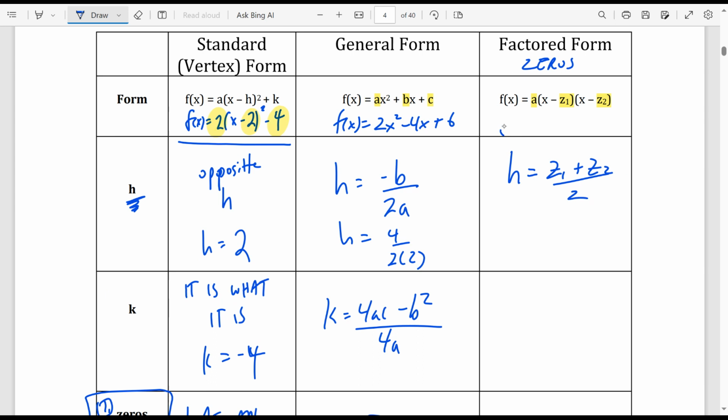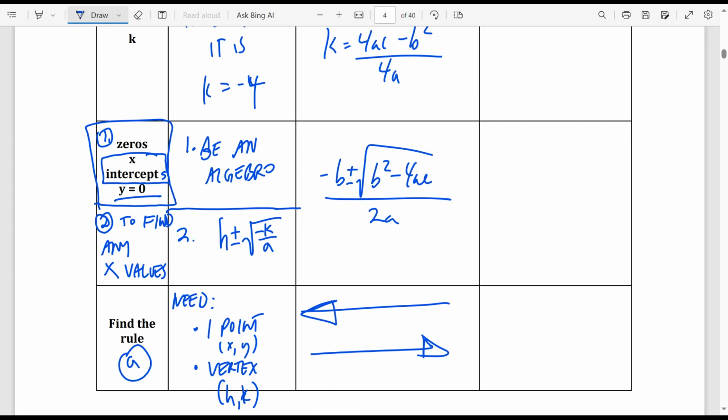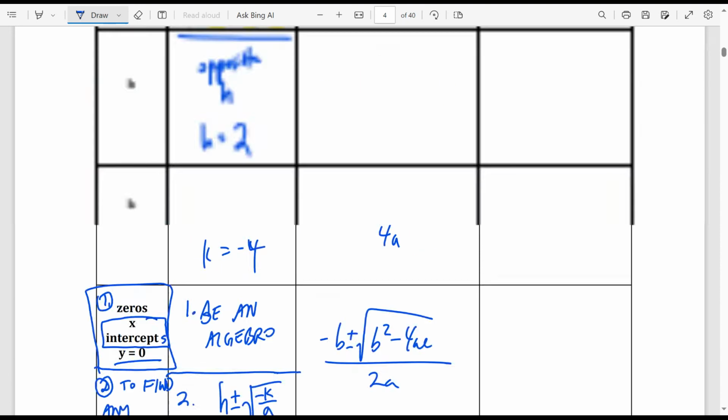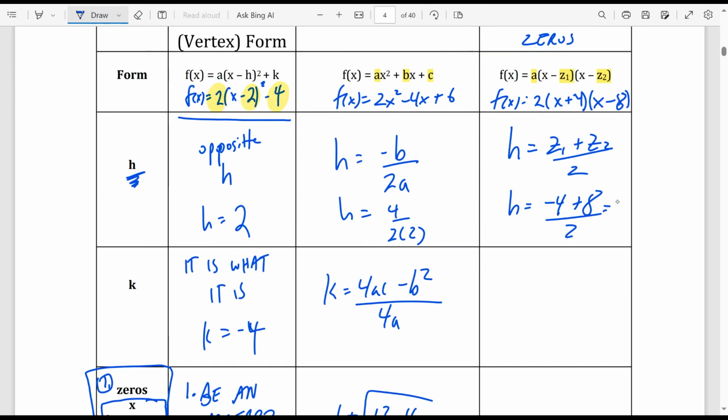So let's just say y, or f of x, is equal to 2(x plus 4)(x minus 8). What would that look like? h is equal to negative 4 plus 8 divided by 2, which is equal to 2.